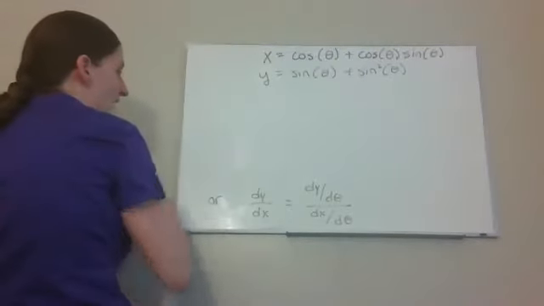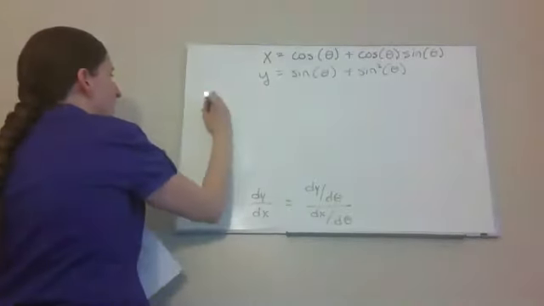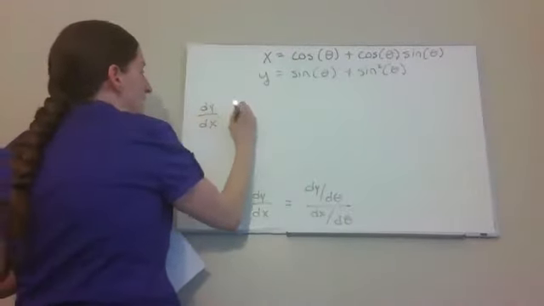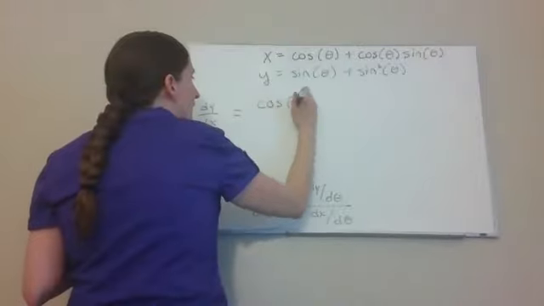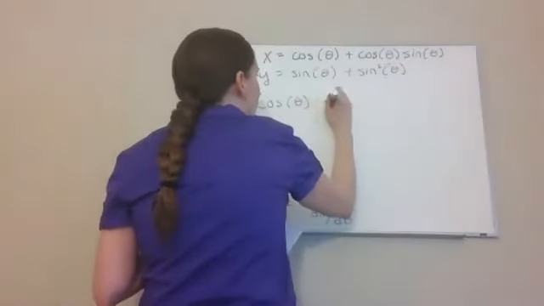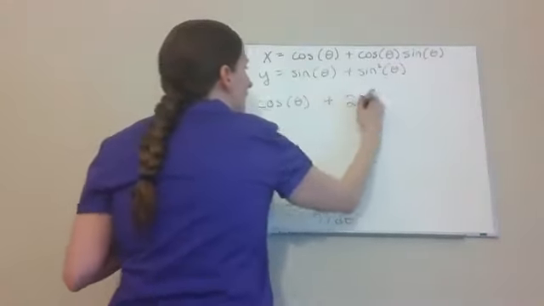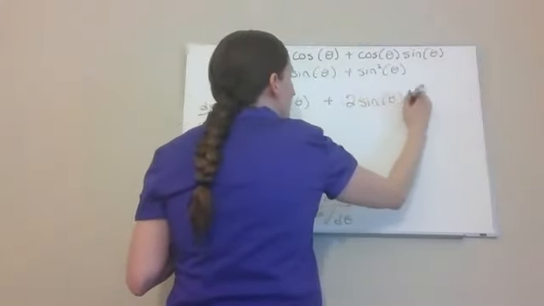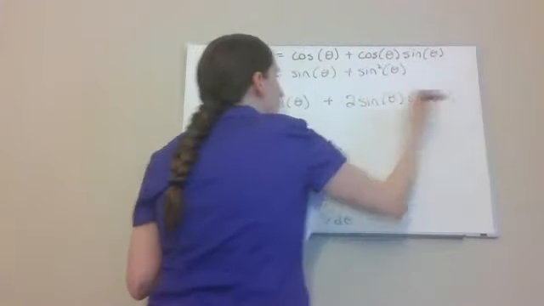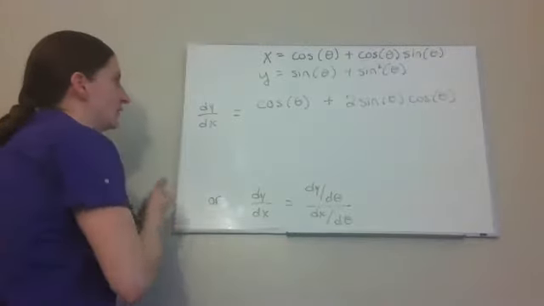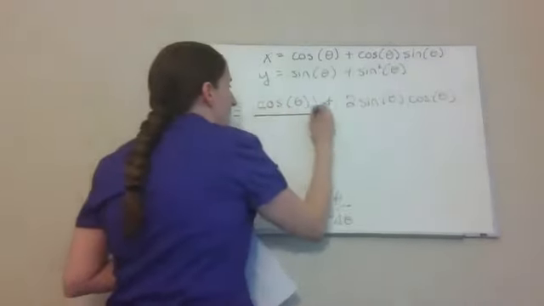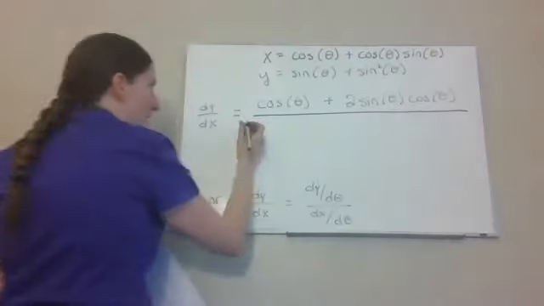My dy/d theta is equal to derivative of sine is cosine, and the derivative of sine squared is 2 sine theta cosine of theta using a chain rule. So that's my dy/d theta. And in the denominator, I get my dx/d theta.